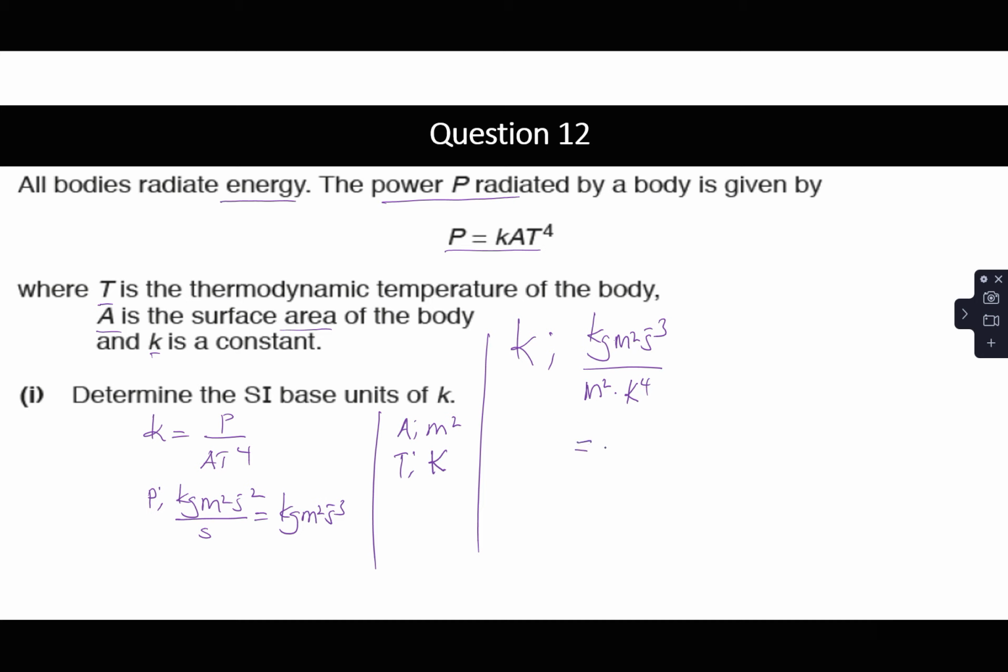This therefore simplifies to kilogram, of course, the meters squared cancel, so it becomes kilograms s to the power negative 3. When kelvin goes up, it becomes kelvin to the power negative 4. Those will be the base units of small k.